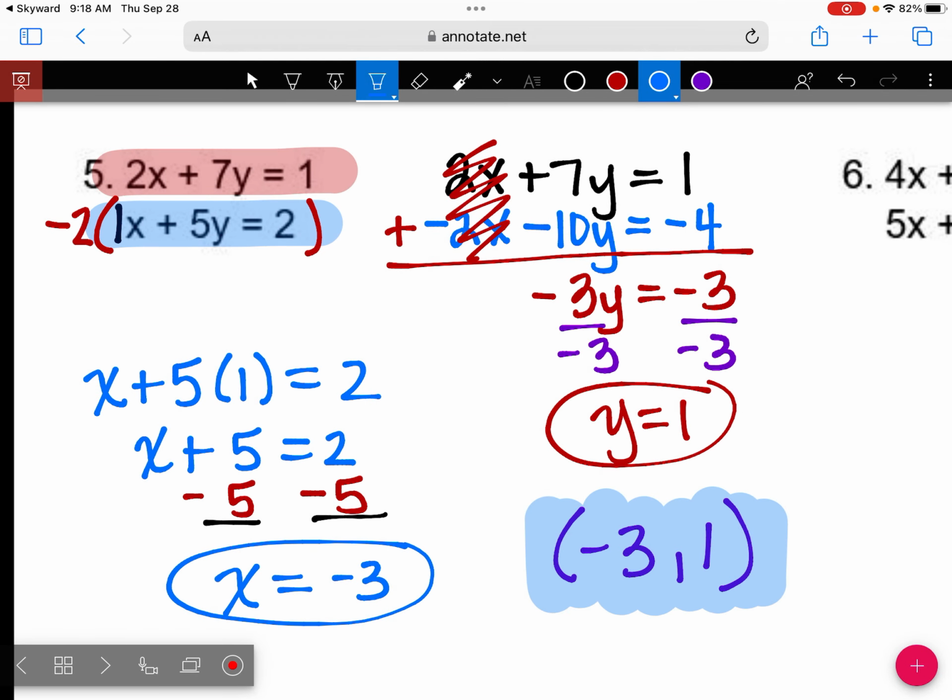Who got that for their solution? -3 and +1.